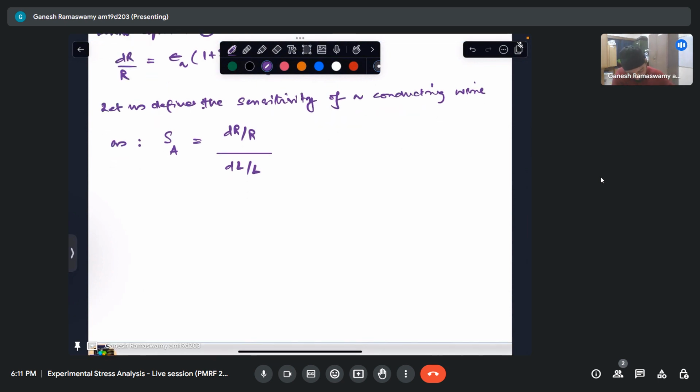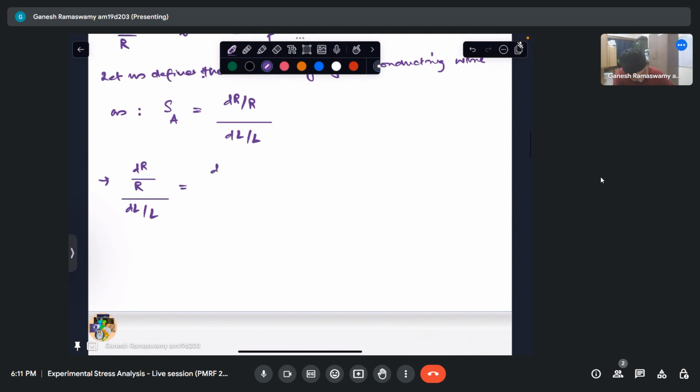So, substituting this into 1, if I were to divide, it follows that dR by R divided by dL by L gives me d rho by rho divided by dL by L plus 1 plus 2 mu.